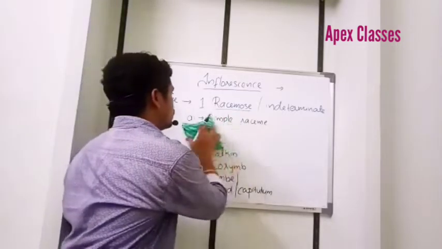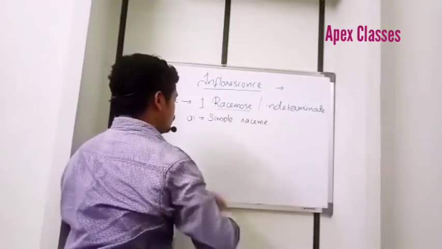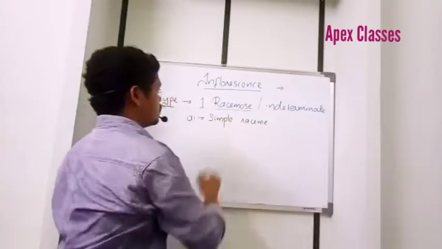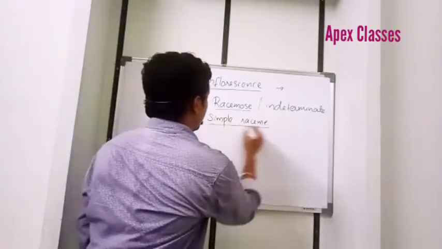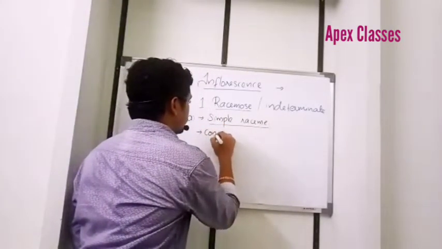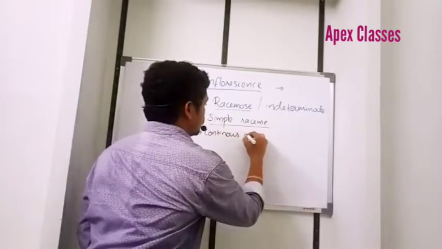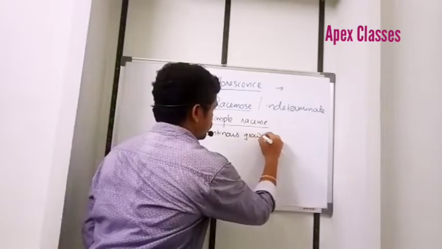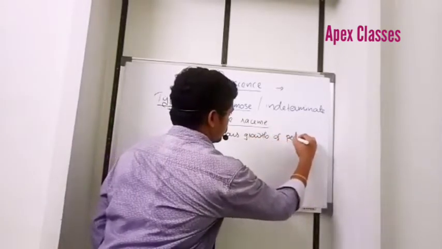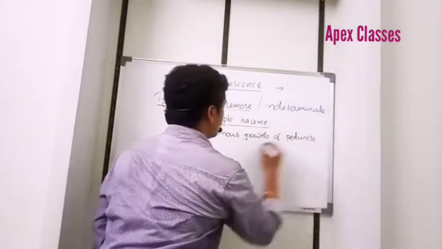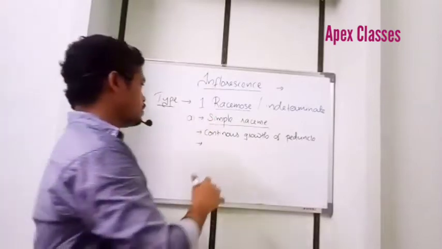Discussing the simple raceme, the first one. In simple raceme, the growth of the peduncle is continuous, because it is a raceme. Here the older flowers are at the base and younger flowers are arranged at the tip.